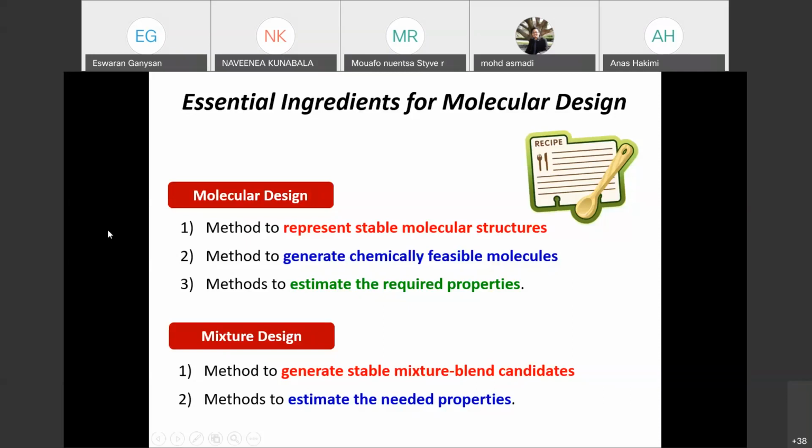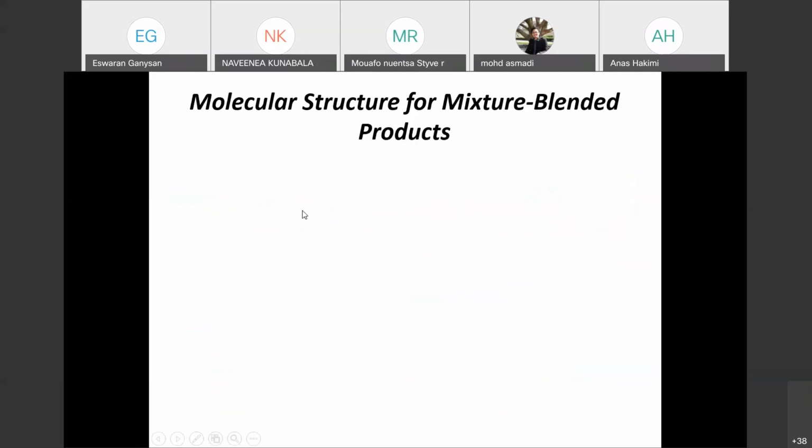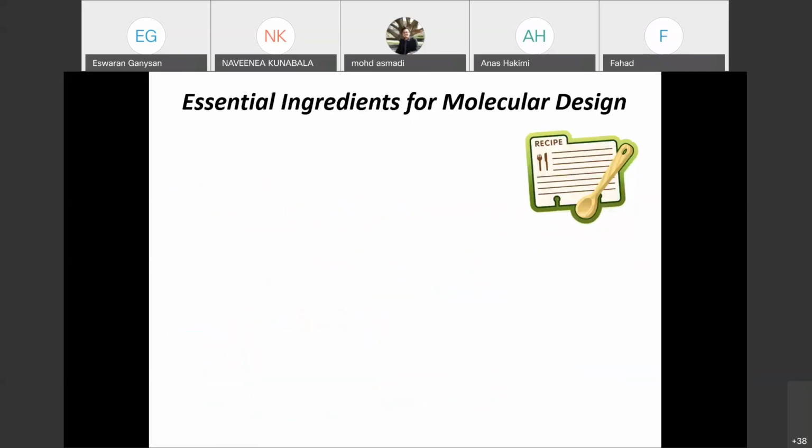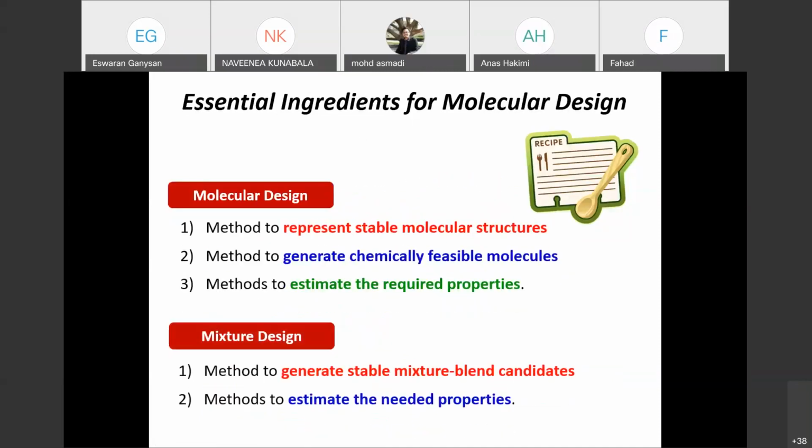So, any questions about this one? It seems like normal theory, doctor. Yes, normal theory because it's an introduction. Before the main part, you will have to use software to solve some case studies later, such as solvent for refrigerants, solvent for lotion. Later you have to do that by using the software.